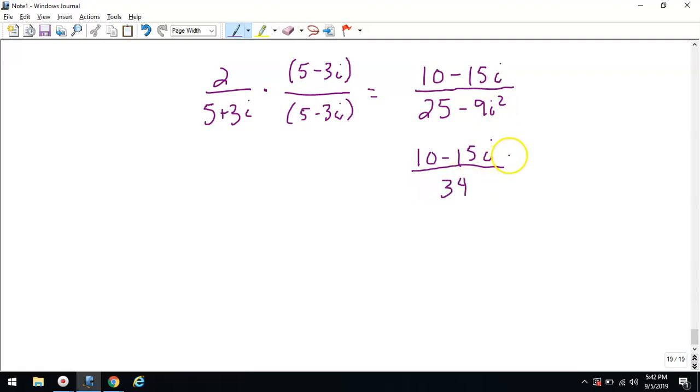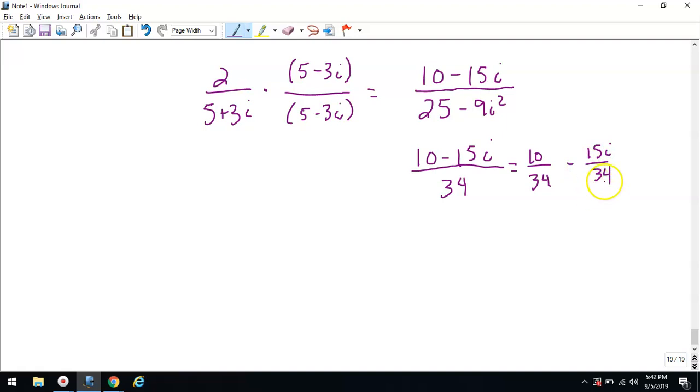But if you want to write it as a complex number, well, first of all, can we simplify this at all? 2 can't go into everything. 5 can't go into everything. I think not, but what we can do is say 10 over 34 minus 15i over 34.